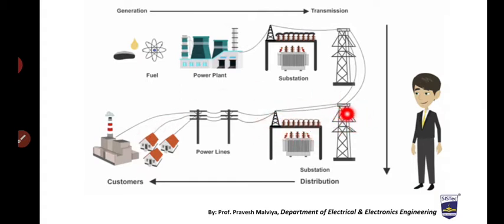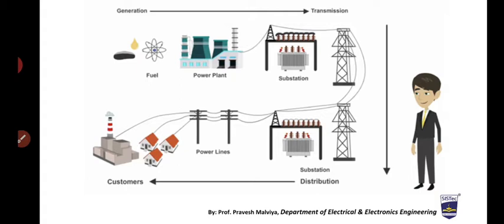So this high voltage electric power is then sent to a substation where it is stepped down, and then it is sent to various sections of the city, village, various transformers, and then again it is stepped down to some low voltage suitable to various home appliances.